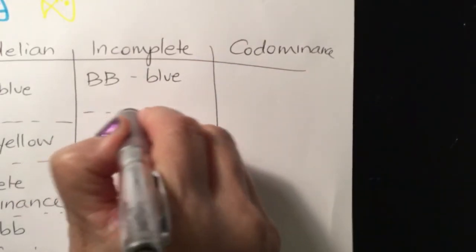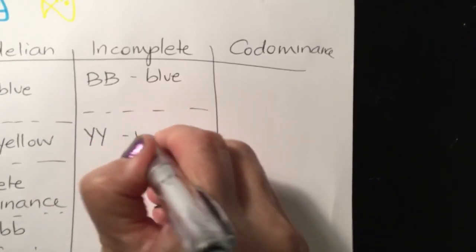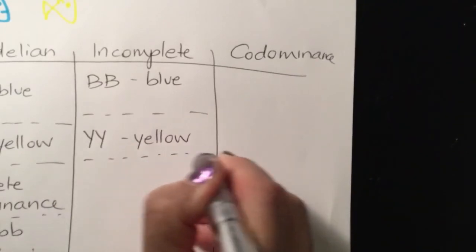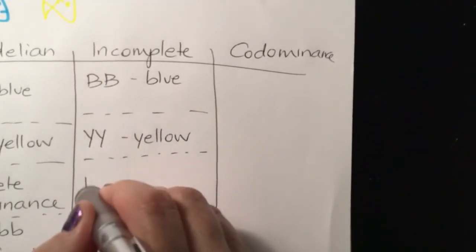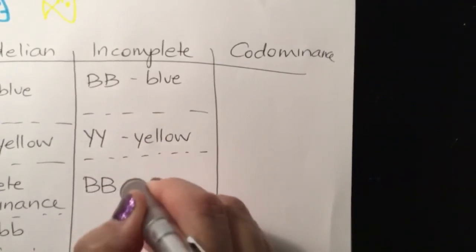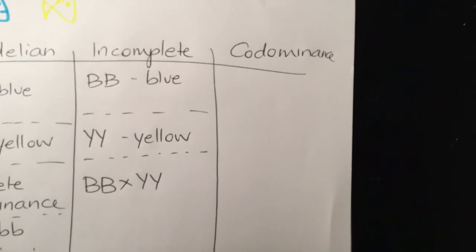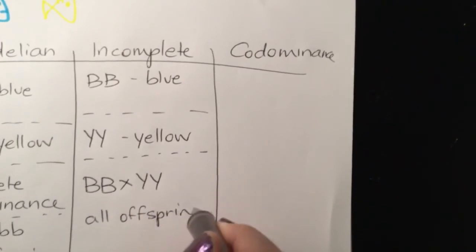Big Y is going to be a yellowfish. We're going to cross BB with YY, and all the offspring, I don't know, are they all the same?